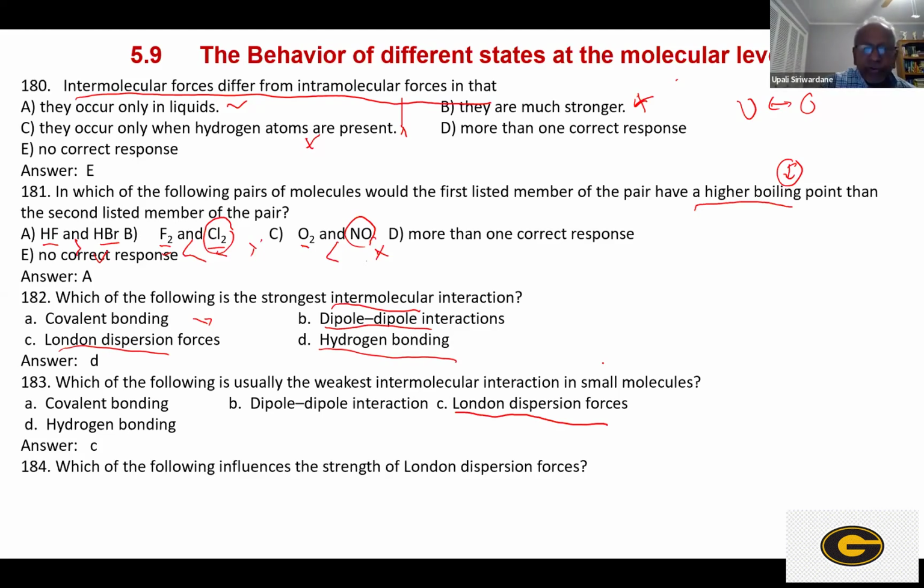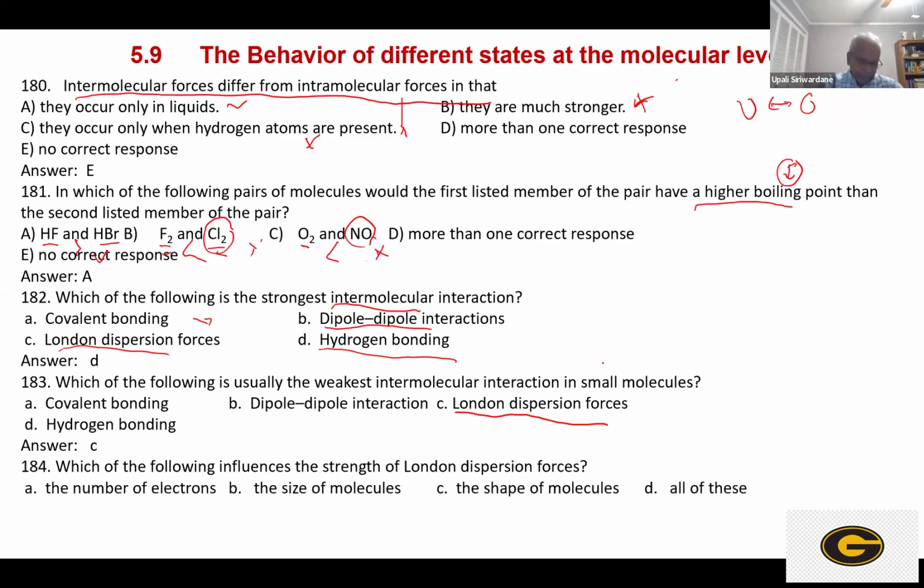Which of the following influence the strength of a London dispersion force? Number of electrons in the molecule. Yes, that's correct. Size of the molecule. That's correct. Size also increases electrons. Shape of the molecules.